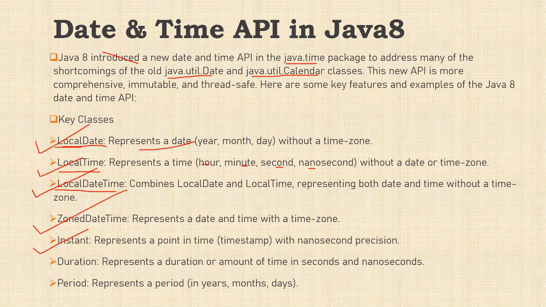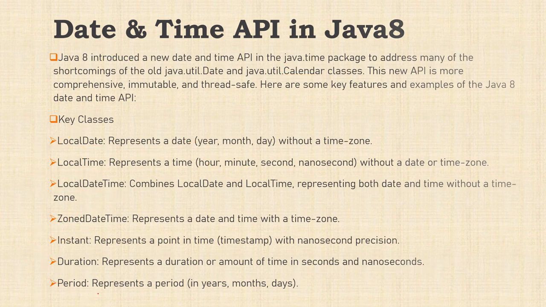Duration represents an amount of time in seconds and nanoseconds. And Period represents a period in years, months and days. We'll try to understand in the next slides what the difference between Duration and Period is, and how you can create a duration between two times, given two scenarios.